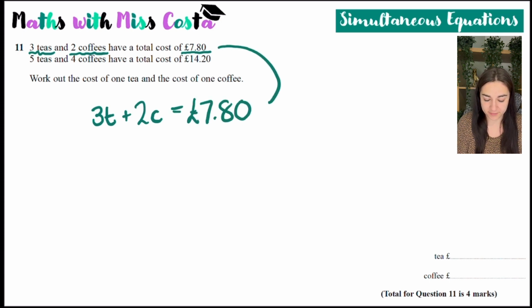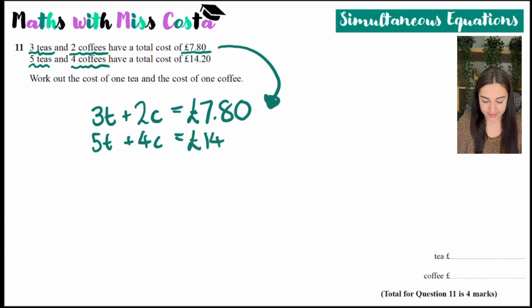So all I've done is turn these words into an algebraic equation. T represents the teas and C represents the coffees. And then I do the same with the next one. 5 teas and 4 coffees have a total cost of £14.20.